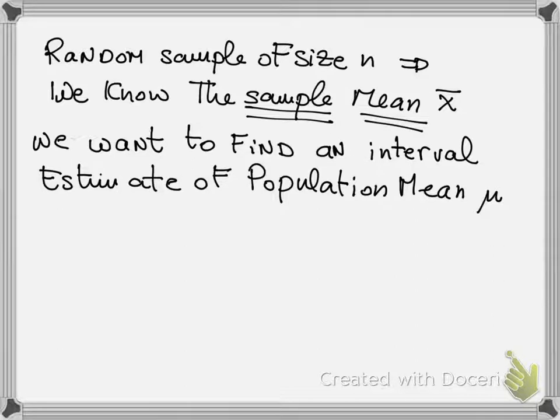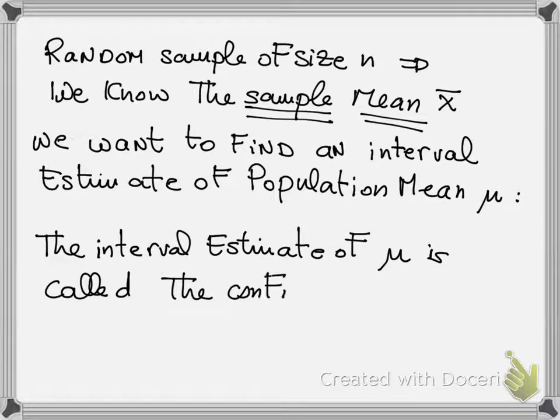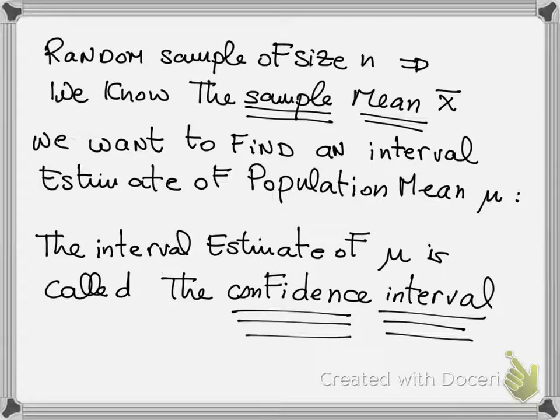This interval estimate of mu is called the confidence interval. Okay, so it's called the confidence interval.